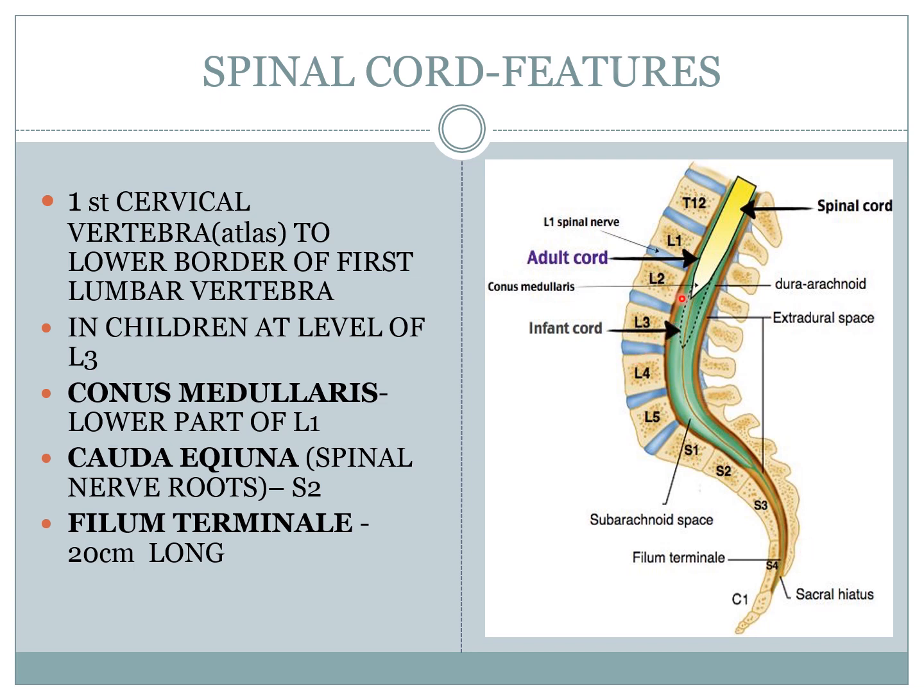And this dotted line shows the level of the spinal cord in young children, and this green sac shows the subarachnoid space, which ends at the second sacral vertebra.